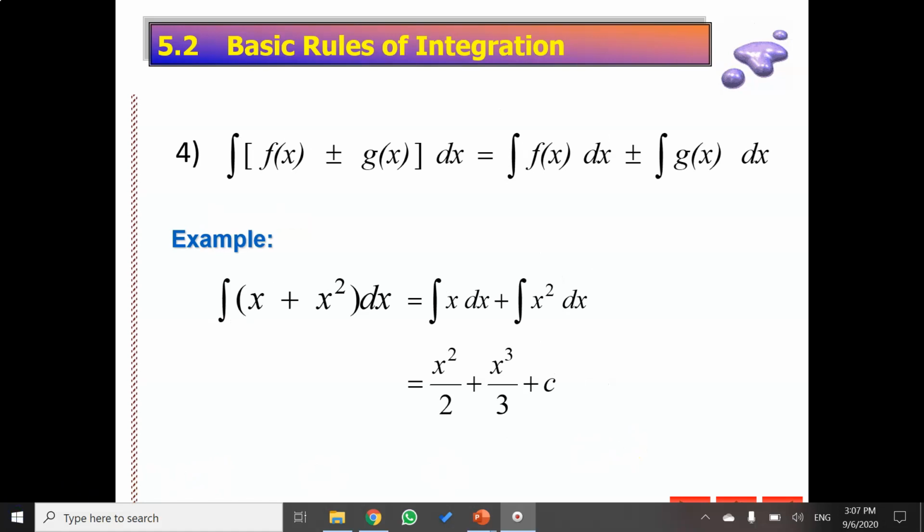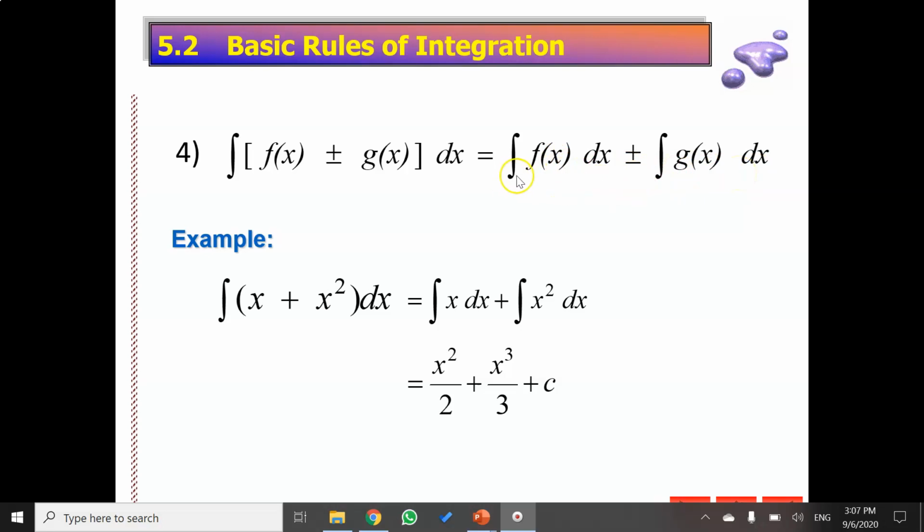Okay, continue with rule number 4. When you have to integrate a function f(x) plus or minus a function g(x) dx, in here you have to integrate both functions. So what we do is separate or split up the two functions.